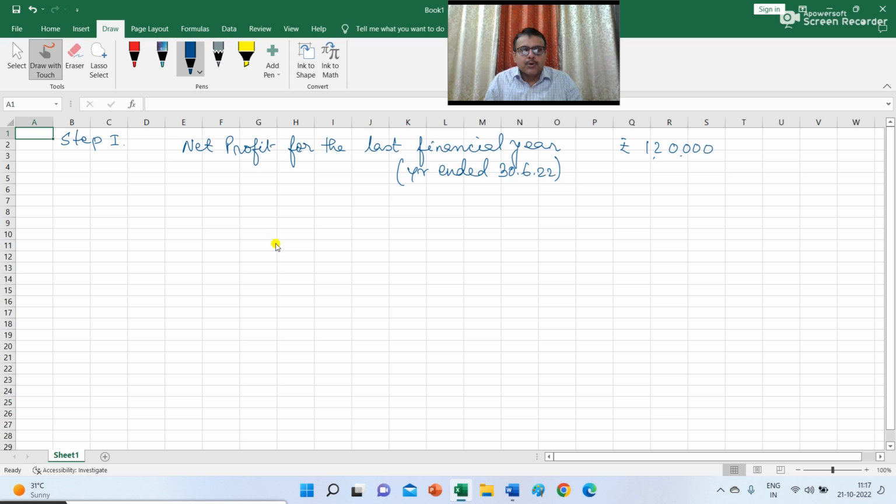So with this net profit, you need to add up insured standing charges, and it is given, it is Rs 24,000. So you have to add up these two and you will get 1,44,000.